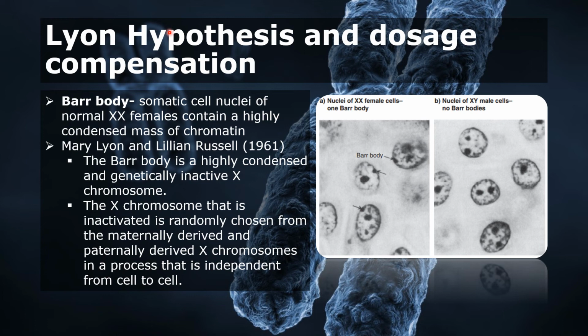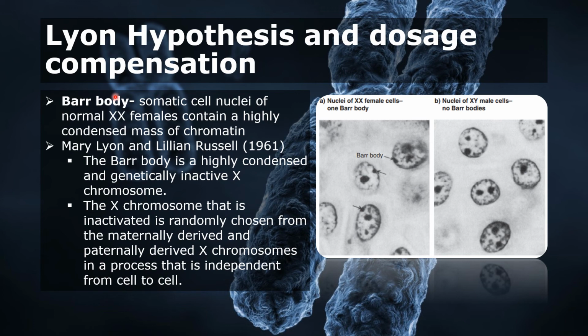As I discussed earlier, you have male and female sex determination, and there is a problem with the dosage of the genes of the X chromosome because females have 2 copies and males have only 1. So why does the Y chromosome not have this problem, and why do we not do dosage compensation for it? It is because the Y chromosome is largely heterochromatic and carries only a few genes.